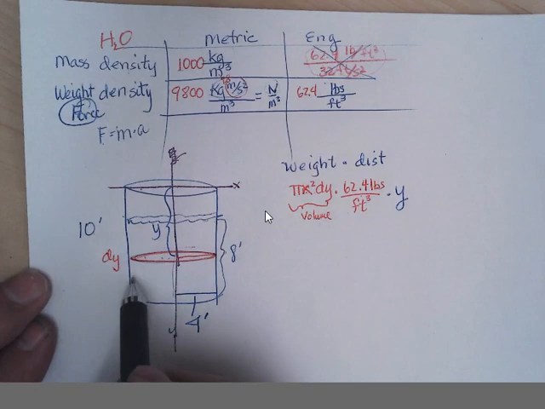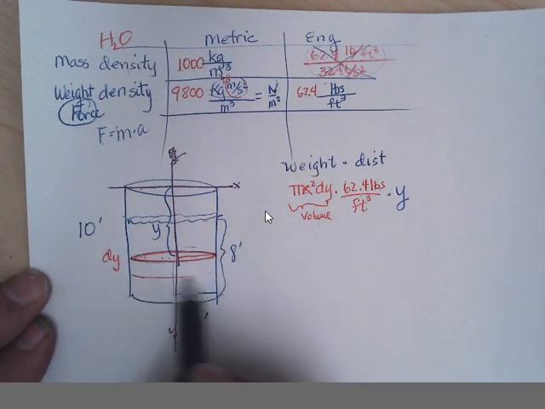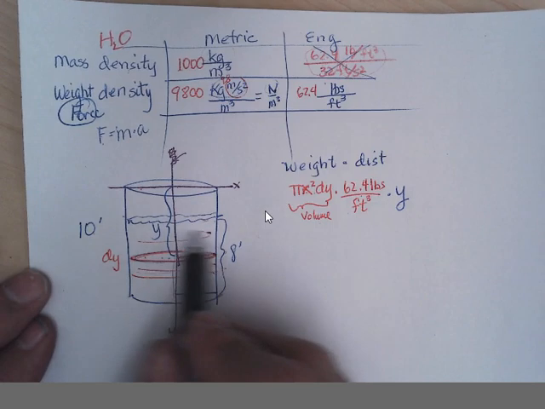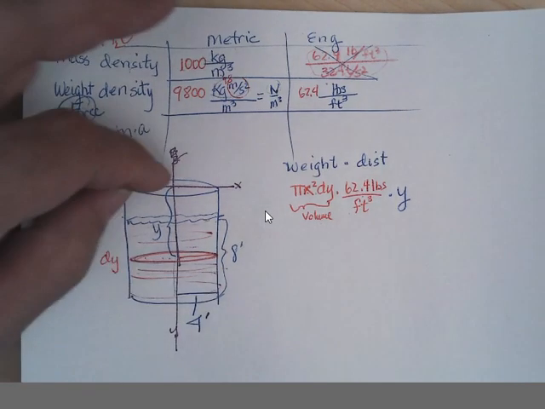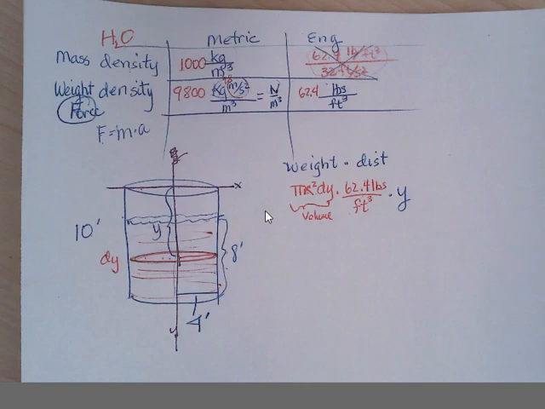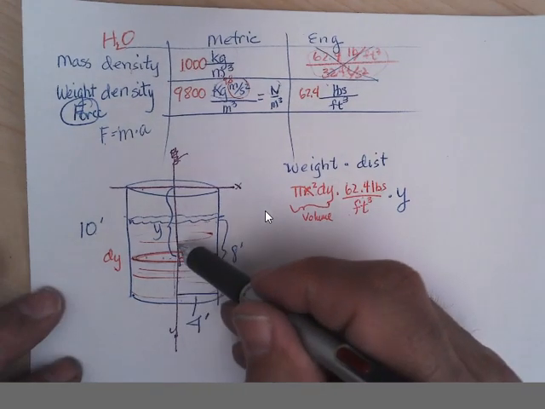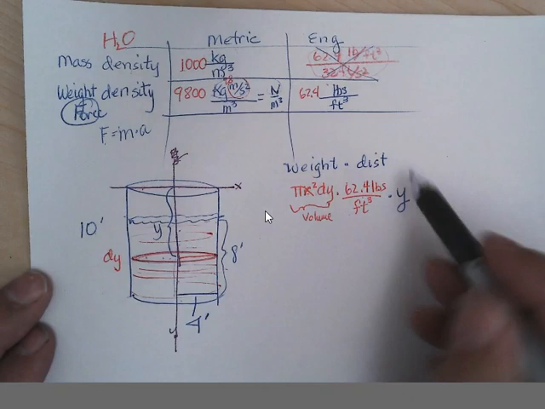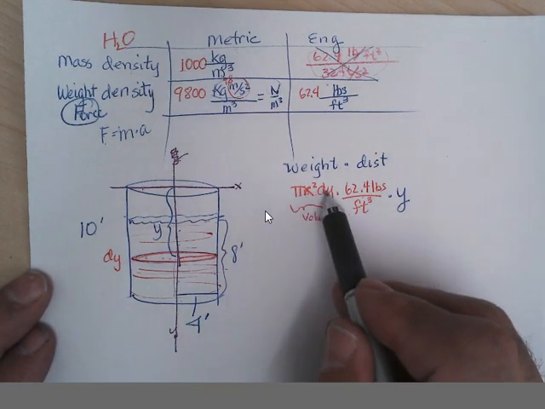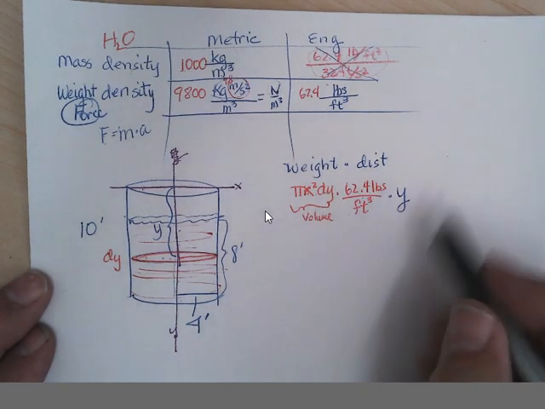But I want to do all of the disks in here: the one below it, the one a little bit closer, and all the ones up here. All of these disks of water I want to lift to the top. Now, each of these disks is going to be a different distance I have to lift it. But they all are going to be pi x squared dy times this.